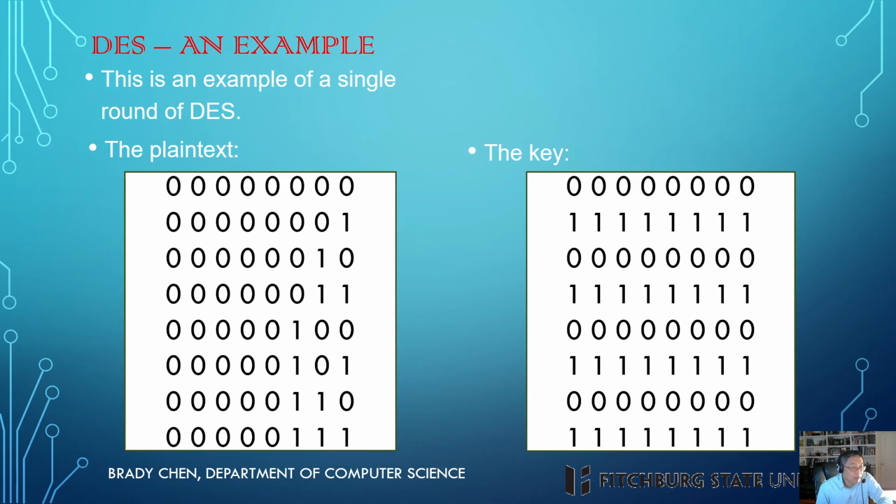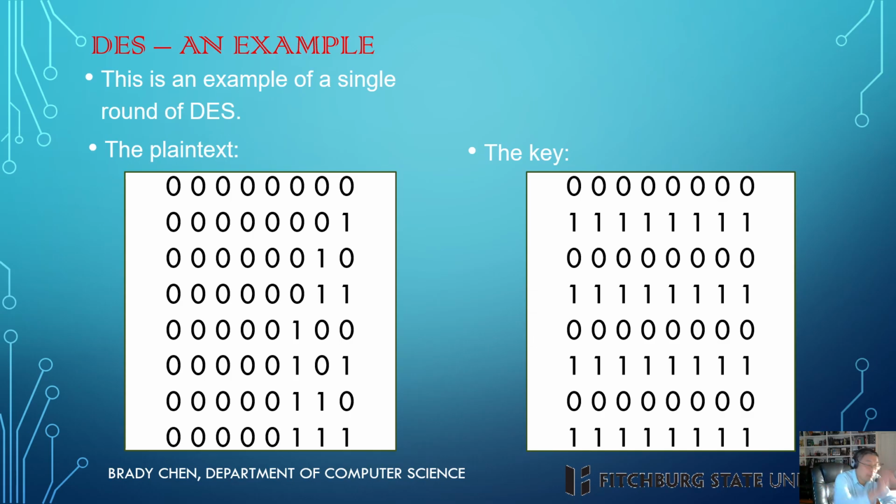Now, let's work on an example. This is an example of a single round of DES. Even though DES has 16 rounds, all the rounds are identical, so we just need to look at an example of a single round.